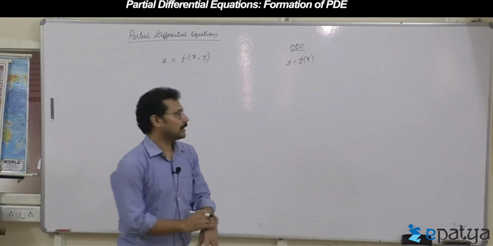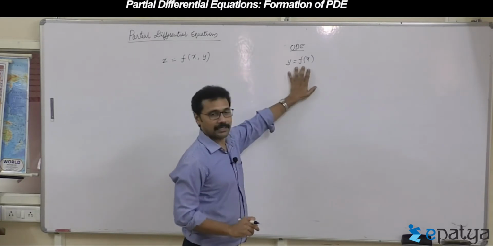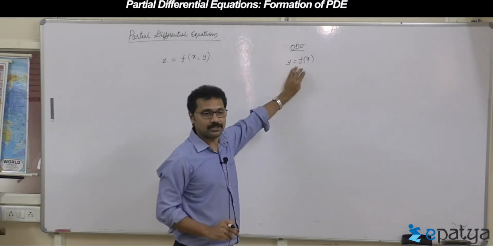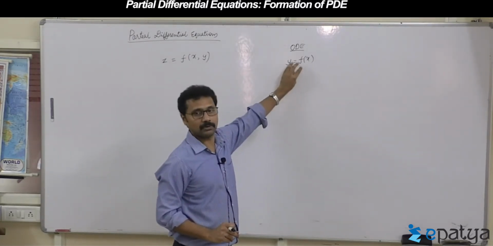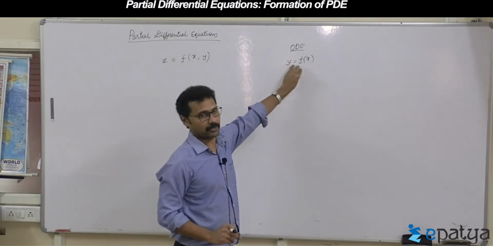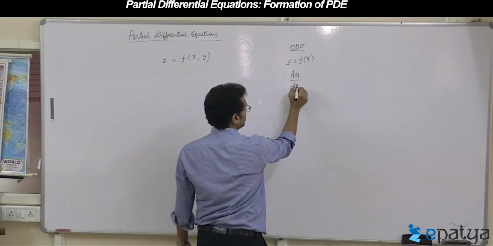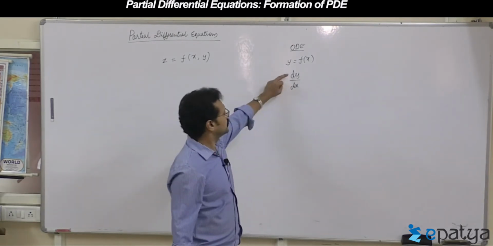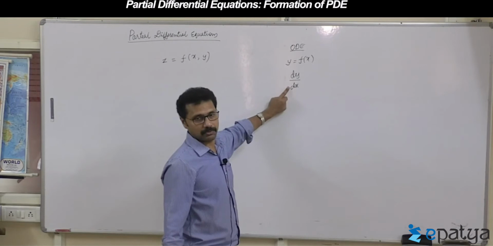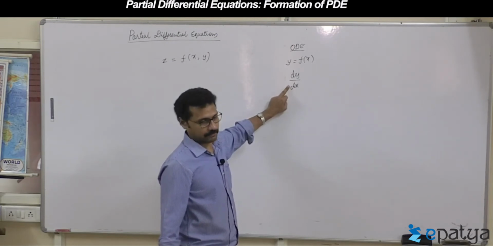If you remember, whenever we talk about total dependencies, total changes or total gradients, we always write it as dy by dx, which represents the change in y for a corresponding change of dx in x.